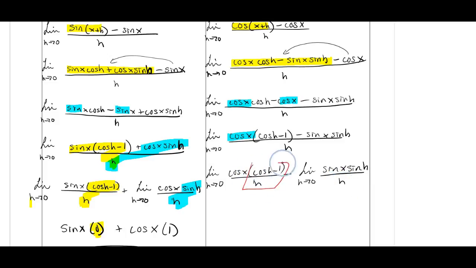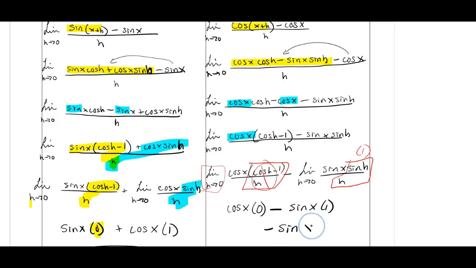Cosine h minus 1 over h, the limit as h approaches 0 is 0. So I end up with cosine x times 0 minus, the limit as h approaches 0 of sine h over h is 1, which gives me sine x times 1. Simplifying these, I get negative sine x.